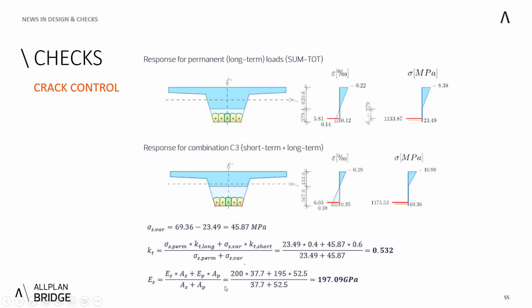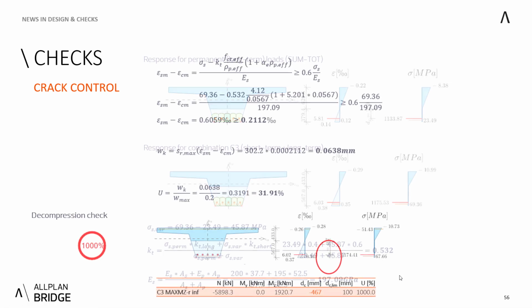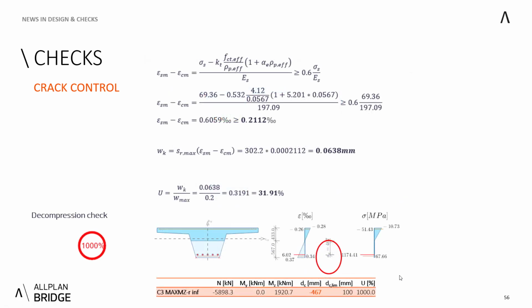And again, I can calculate the effective elastic modulus between the rebars and the tendons which will be applied. And I can finally use the well-known equation where I can use this total stress in the rebar, this weighted kT and so on. And it's, as you can see, also limited. So I believe there is a 0 missing.